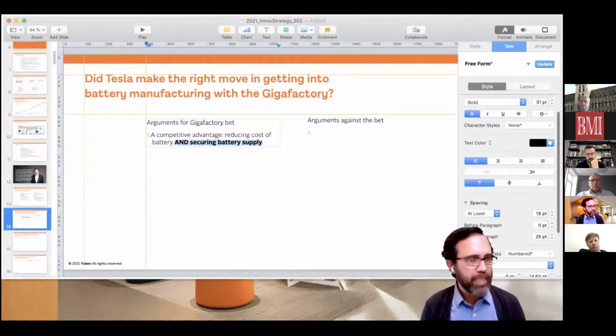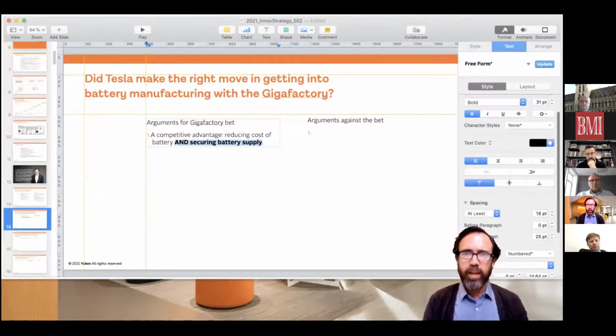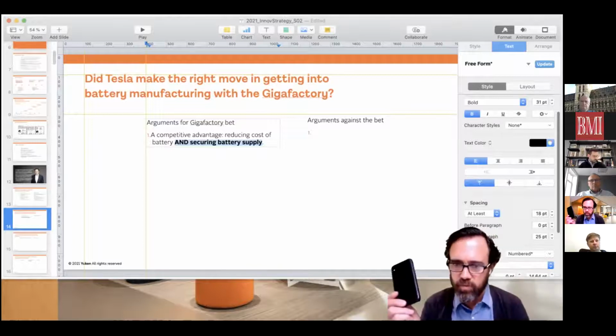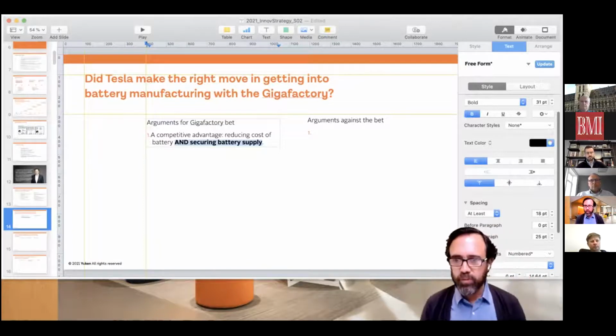Take, for example, Apple. Remember that earthquake in Japan a few years ago? That earthquake destroyed one manufacturing facility of the chips that iPhones use. And for quite a few months, Apple had to reduce their production of iPhones because there was no supply for that critical component.